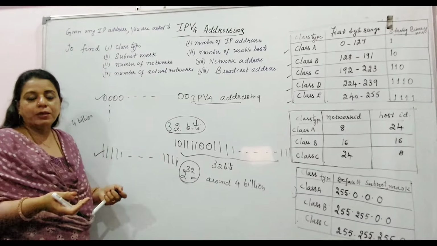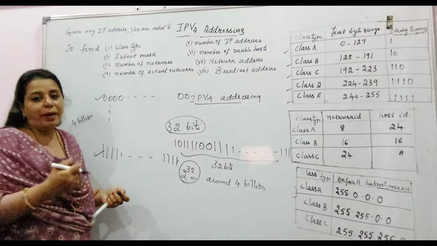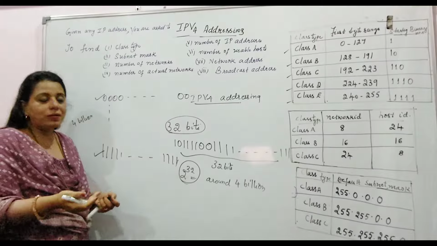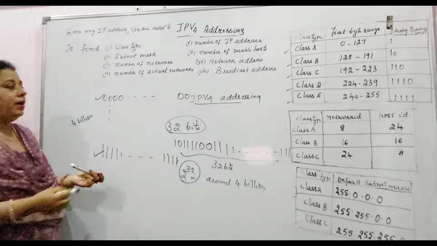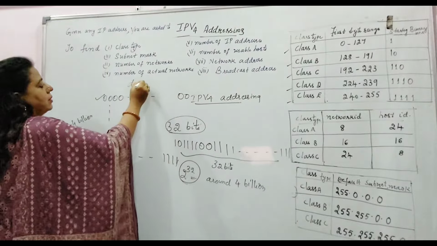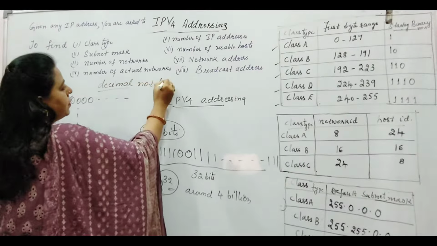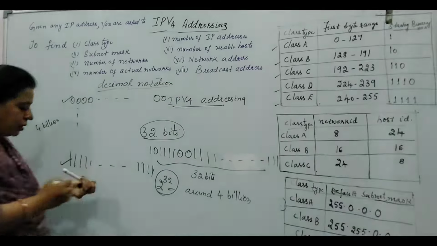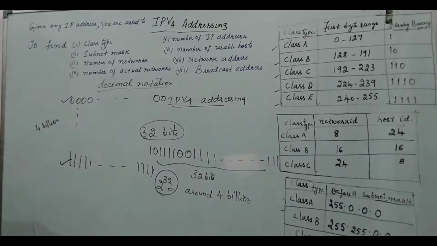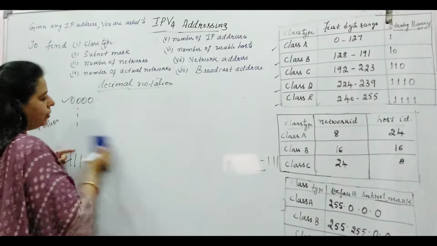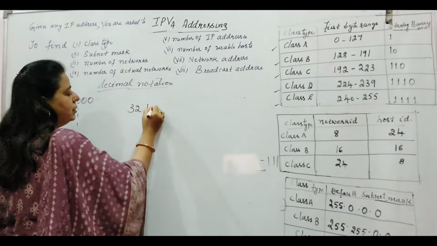It is difficult to express the IP addresses in binary form. Hence we always express the IP addresses in the form of decimals, and we call it decimal notation. Binary notation is very difficult to express every time. If there are 32 bits here, I can divide these 32 bits into 4 sections.